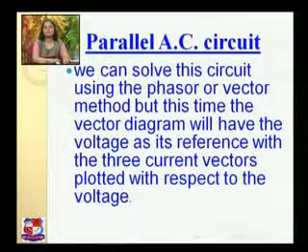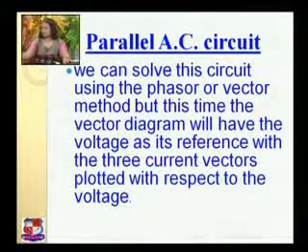Now when you analyze the parallel circuit, you have to consider voltage as the reference quantity and currents are drawn according to the circuit element. So first of all, draw a reference vector which is voltage in a parallel circuit, and then draw IR, IL and IC accordingly, like this.